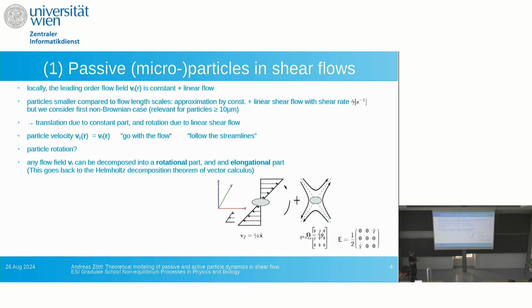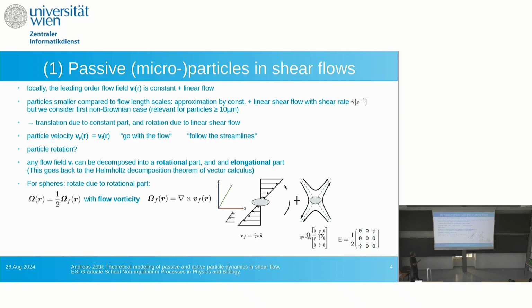For example, the simple shear, which looks very simple, it actually has both parts. A rotational part. Maybe I see if it looks a bit better later. Okay. And actually, sorry for the figure. Maybe it will become better soon.